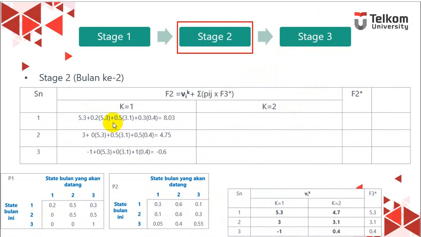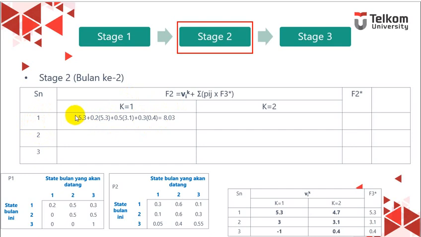Okay, what will be, if our machine condition is 1 and we are not doing overhaul, what will be the cost? So the cost will be, okay, like this. How can we get this number?